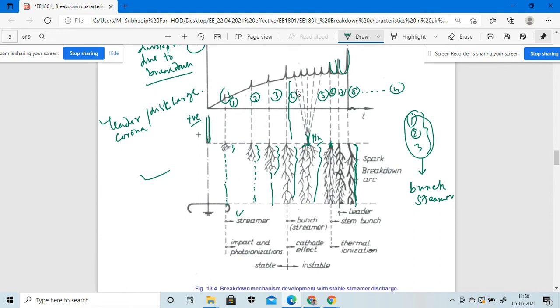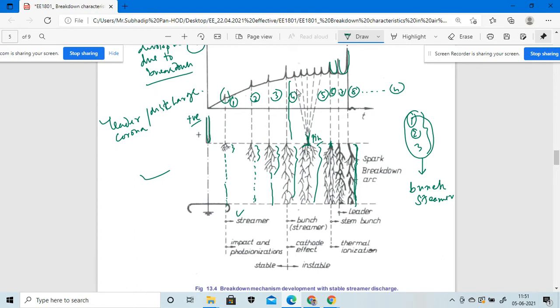But in case of a star corona, we have the impact of a photoionization effect. In case of a leader corona, we consider the ionization process to be thermal ionization, right?